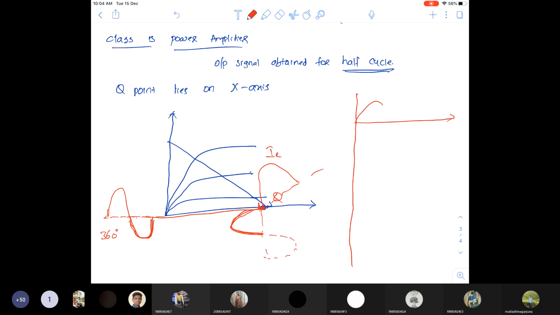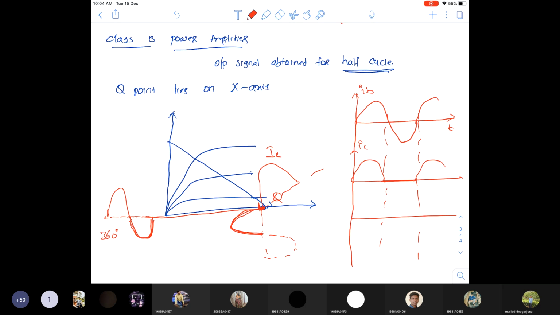This is my input signal, IB, and the output. The positive peak alone passes, the negative peak is clipped, and again the positive peak is processed. This is VC, the output voltage, with zero phase shift.